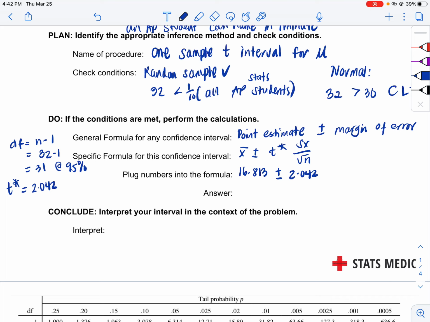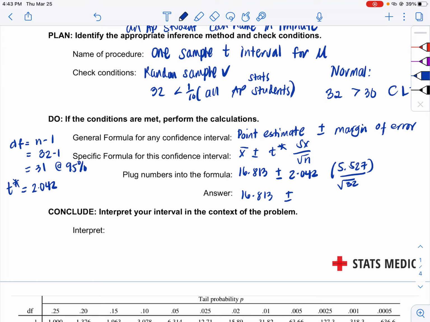2.042 with my sample standard deviation, 5.527, over the square root of 32. Okay, so that is 16.813. I am going to multiply this part first, and then do the plus and minus after.